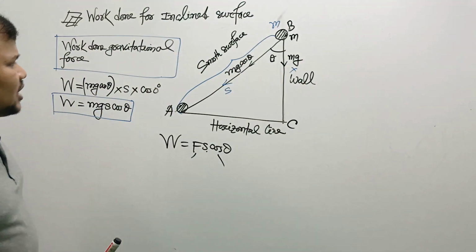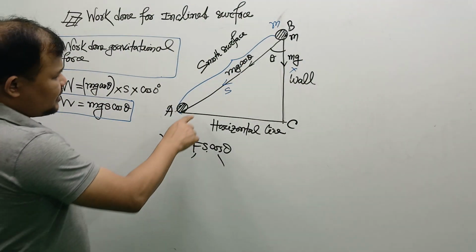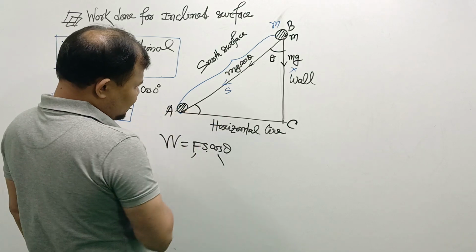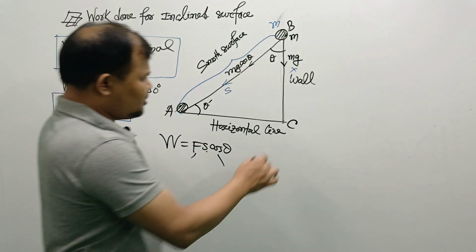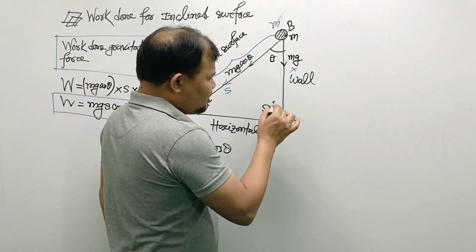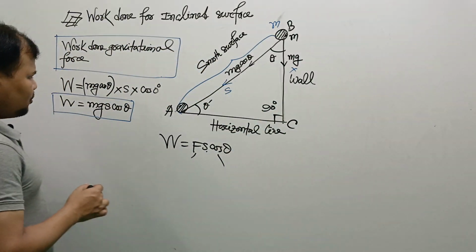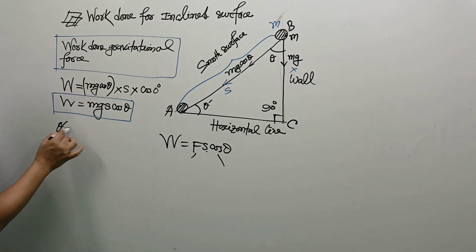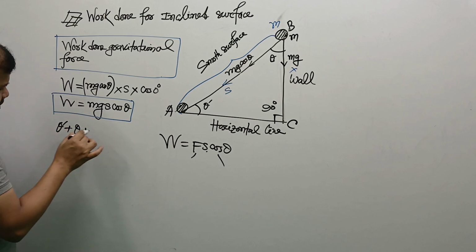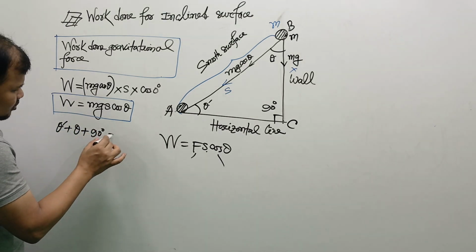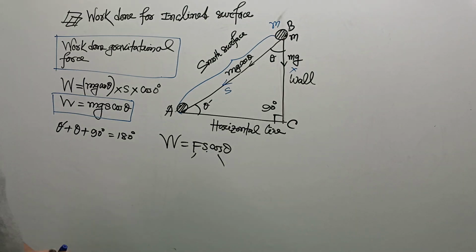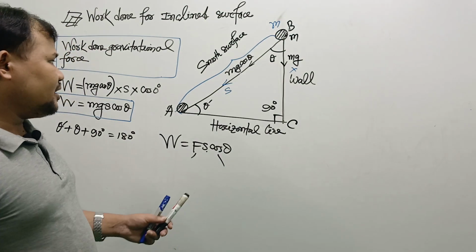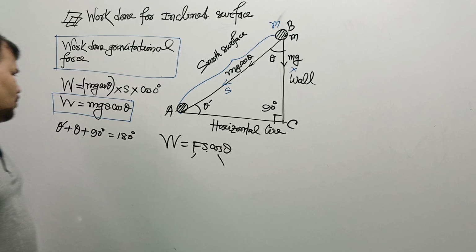Okay, now suppose this angle is theta prime, and we know this is 90 degrees, so we can write theta prime plus theta plus 90 is equal to 180. As we know, the sum of the angles of a triangle is equal to 180.